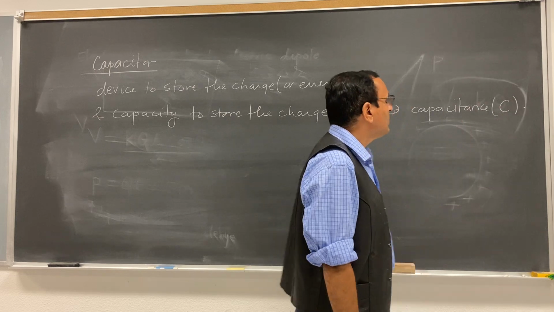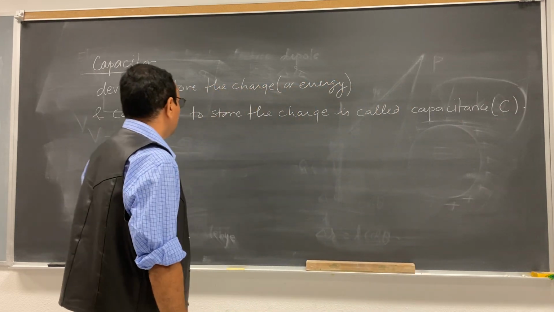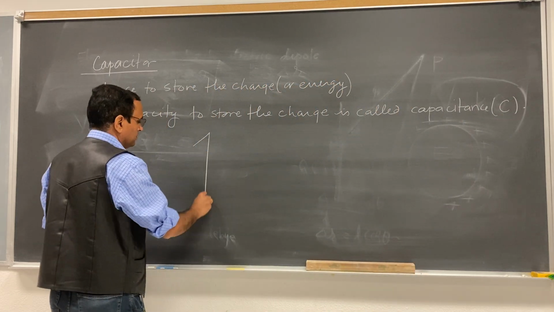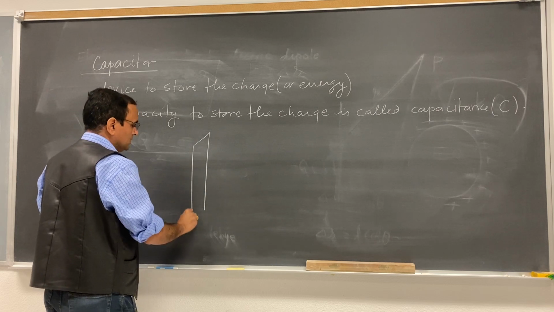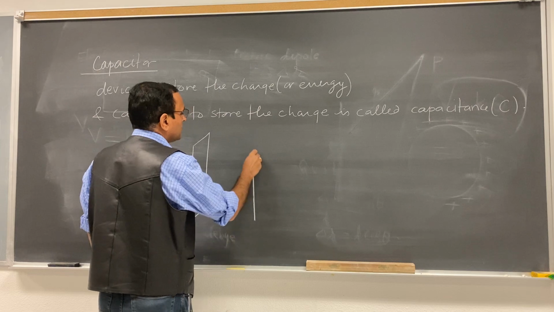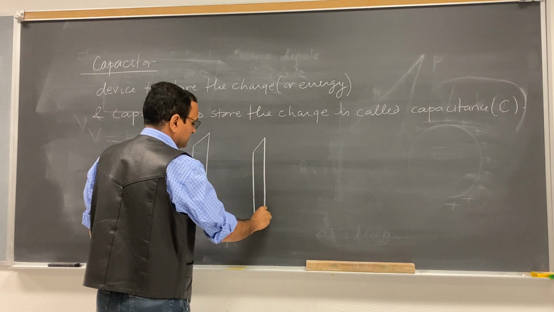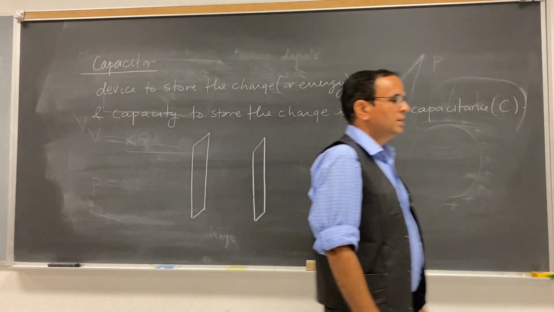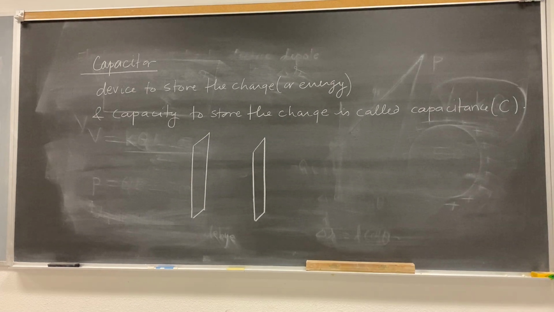The capacitor has two plates like this: one plate, and another plate. This is a parallel plate capacitor.